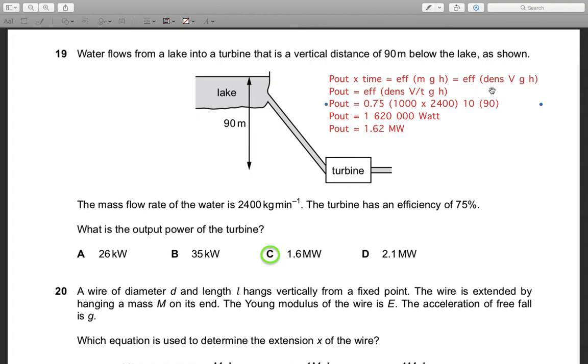Mass equals density times volume, times g times h.